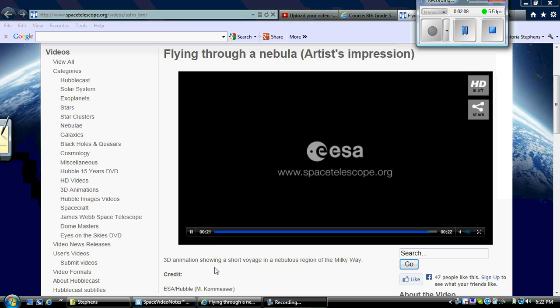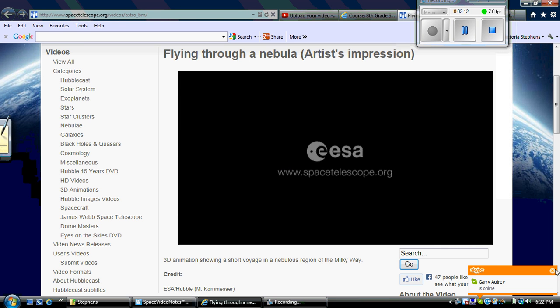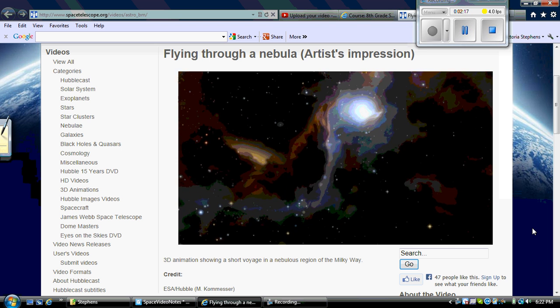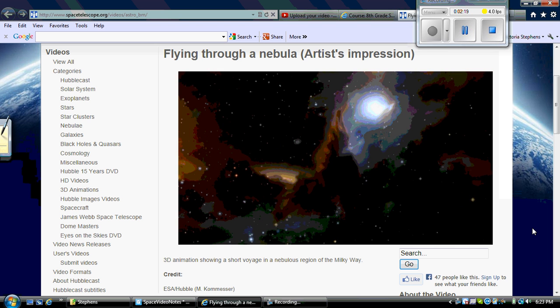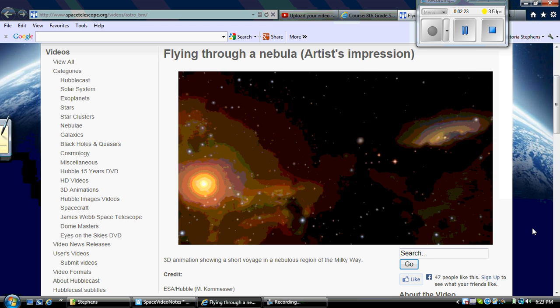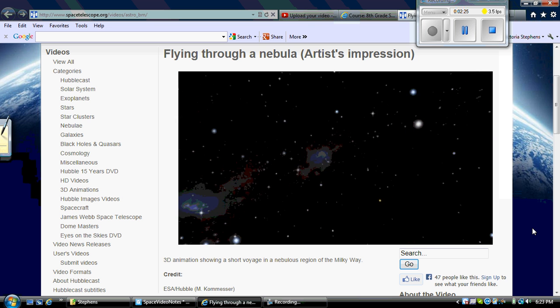One more time. So a collection of dust and gas contracts due to the force of gravity, and you have stars forming. So a lot of stars form inside a nebula.